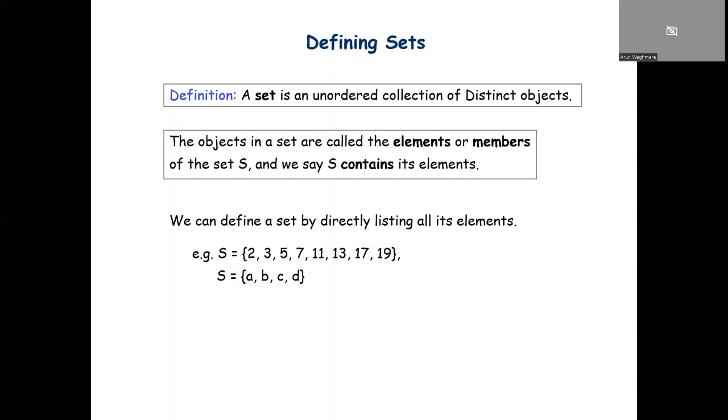So these, 2, 3, 5, 7, are the elements, and whatever set we consider, its elements you have to show in curly brackets. Second, S equal to {a, b, c, d}. So listing all its elements.